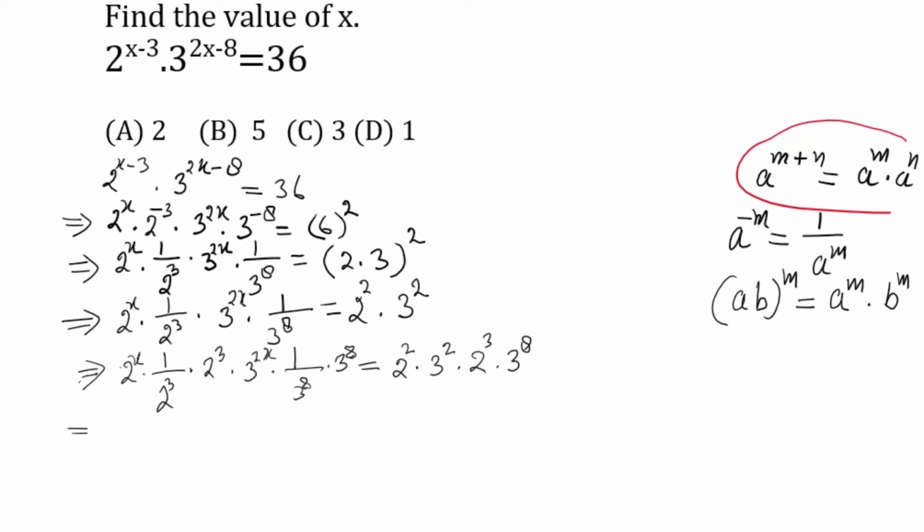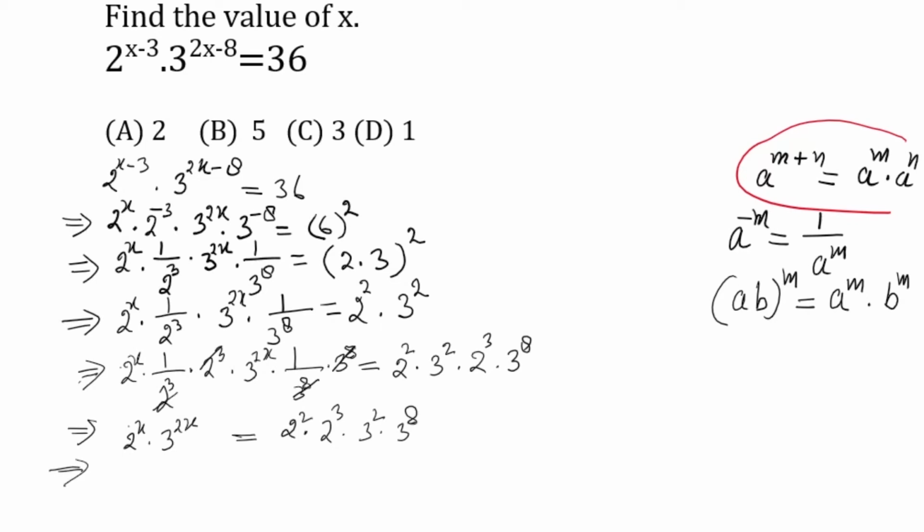Implies, 2 to the power of 3 is cancelled out, then 2 to the power of x into 3 to the power of 2x is equal to, here we can write 2 to the power of 2 into 2 to the power of 3, 3 to the power of 2 into 3 to the power of 8.